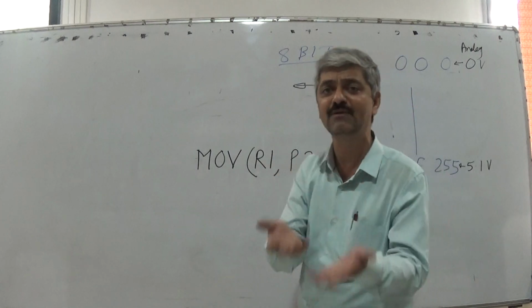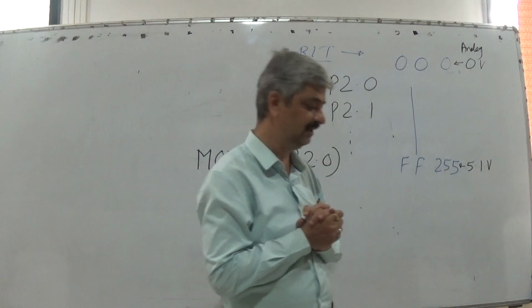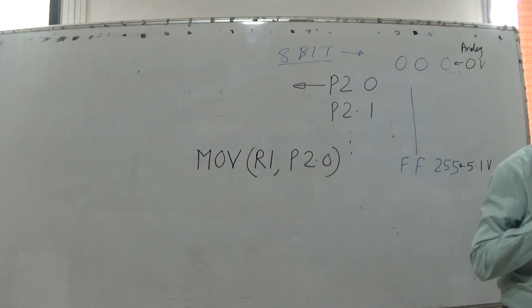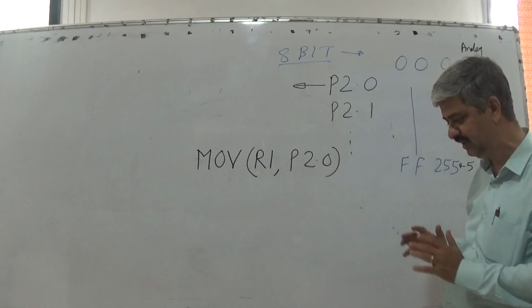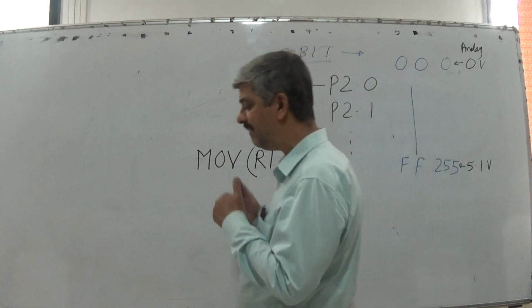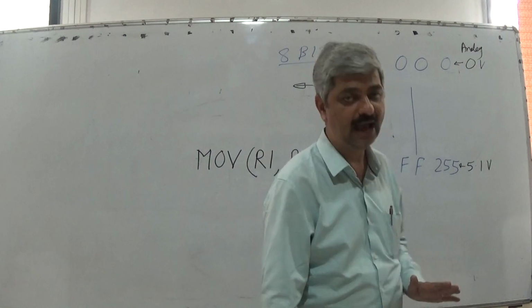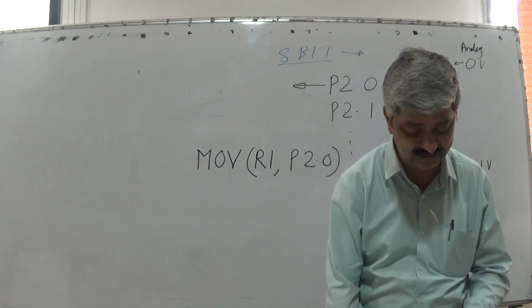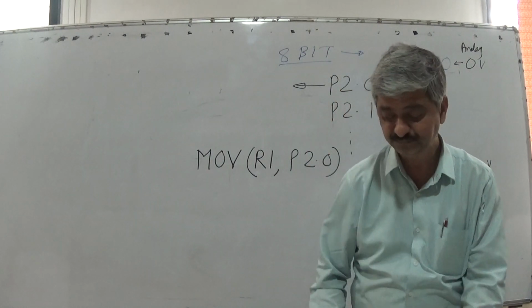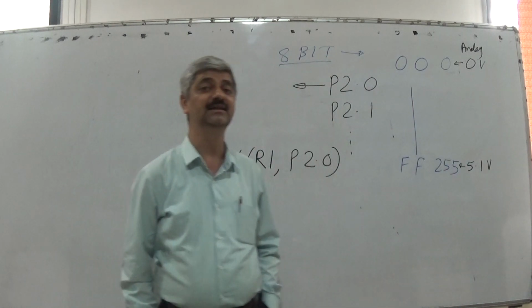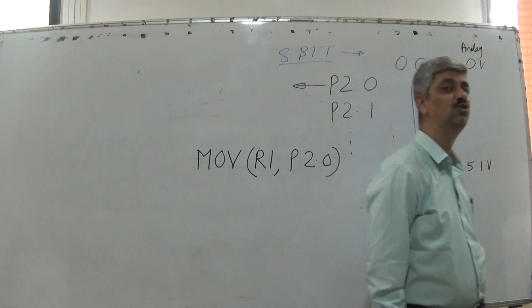And then you can use that value. So this analog input is required for many applications, and I will explain one simple application. So what is the application? Suppose you want to design a temperature controller system.